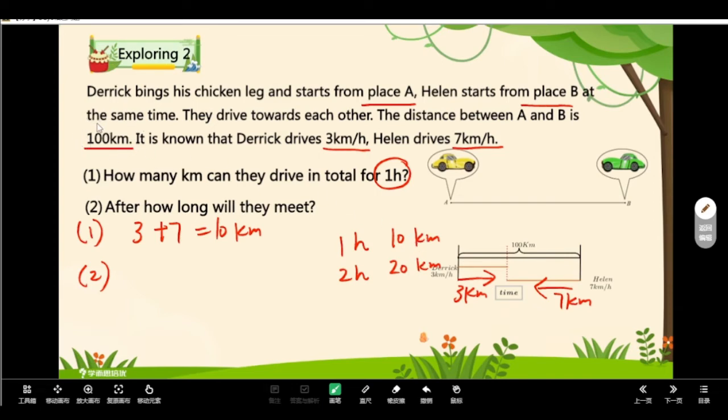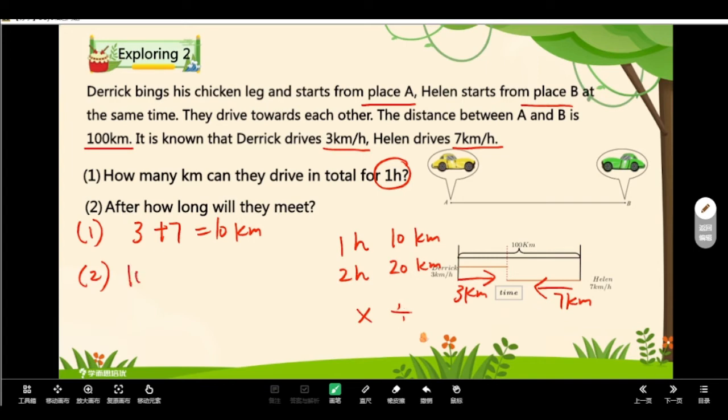So if I need to know how many hours will they meet, instead I need to find how many 10 km are in 100 km to get the answer. So which method shall I use? I use multiplication or division. Which one? Yes, we can use division.